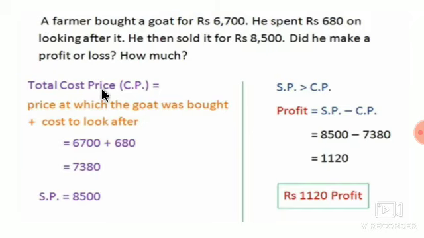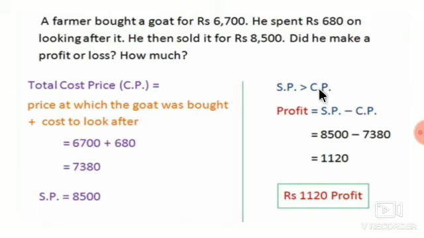So the total cost price is the goat's purchase price and the cost to look after it, that is 6,700 plus 680 rupees. So 7,380 rupees is the total cost price, and the selling price is given here as 8,500.